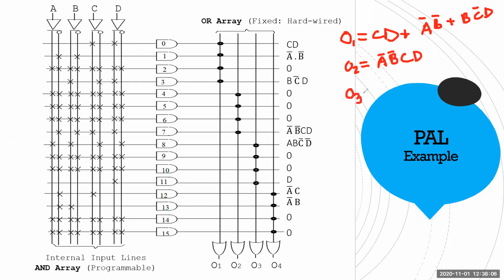Our O3 was A B C bar D bar plus D. And our O4 was A bar C plus A bar B. Okay, is there any common? No common actually. Okay, let's make one common.